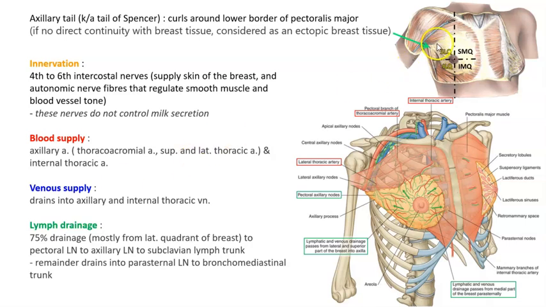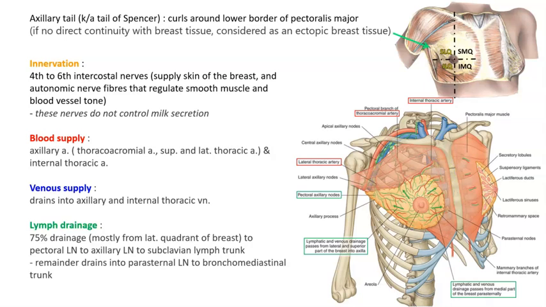Okay, so the axillary tail is here. It curls around the lower border of pectoralis major, so it ends here. It's innervated by 4th to 6th intercostal nerve. Okay, it's easy to remember.